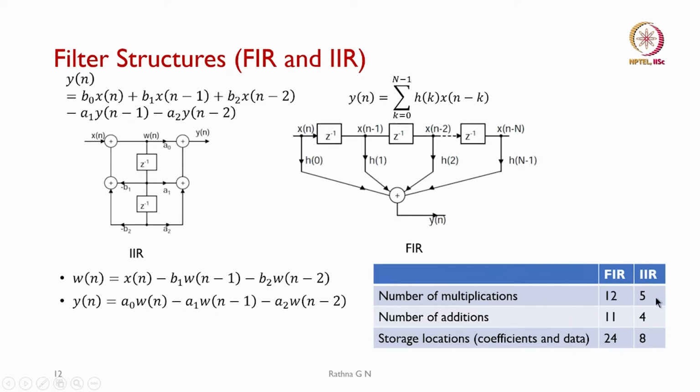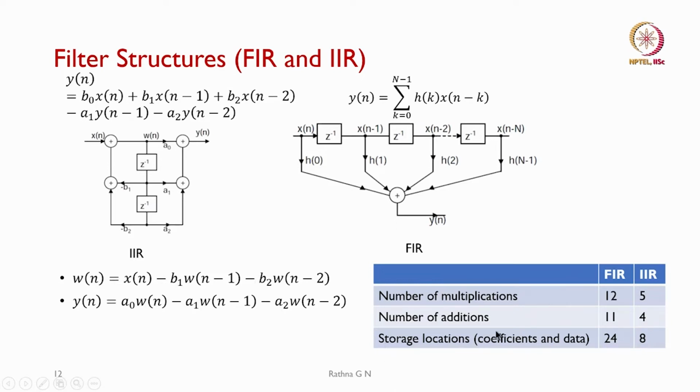So, that is what we represent. How many additions do we need? In this case we need 11 additions, whereas IIR needs 4 additions. You can count because we assume addition and subtraction as equivalent. So, you have 1 here, 2, 3 and then 4 additions.